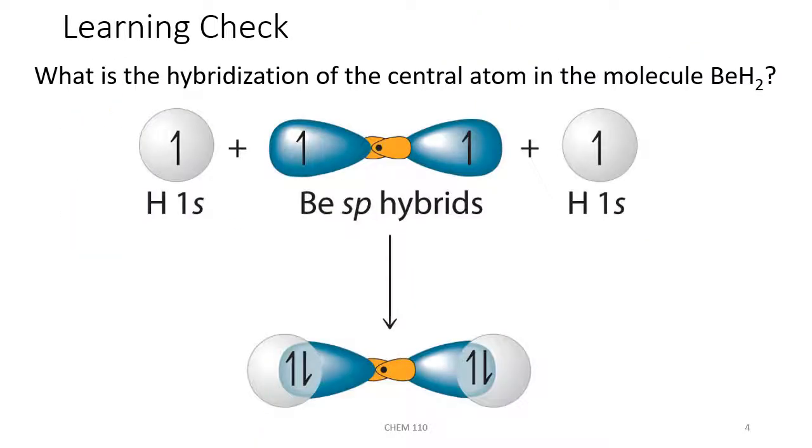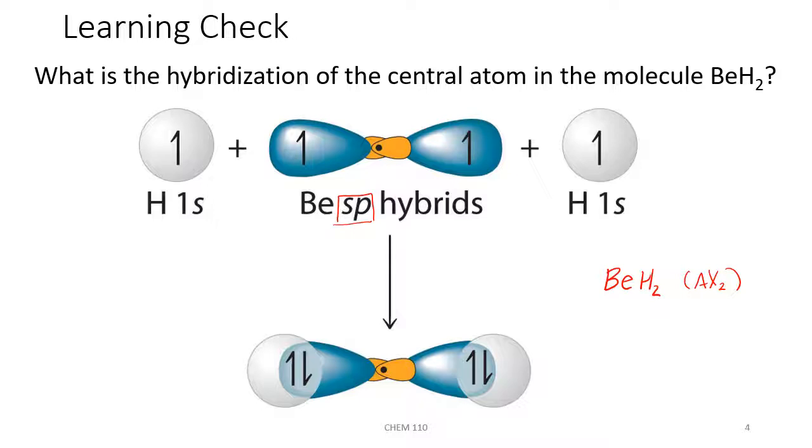And here's a little bit of a neater picture of what we just drew on the last slide for BeH2, which was an AX2 type molecule. So this would be true for any AX2 type molecule. Beryllium formed two equal energy sp hybrid orbitals, which were named based upon the two atomic orbitals that were thrown into the mix.